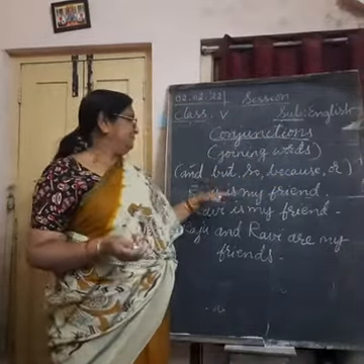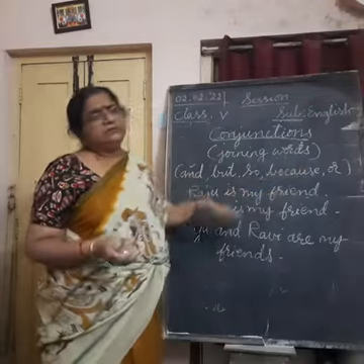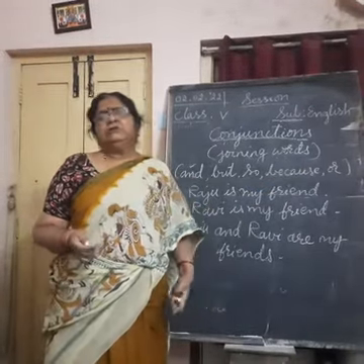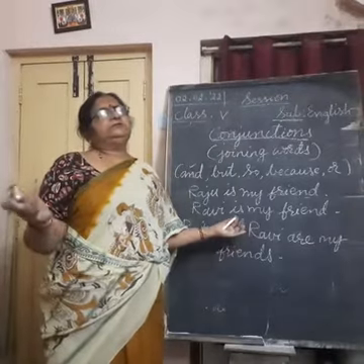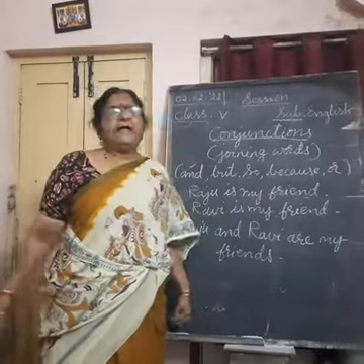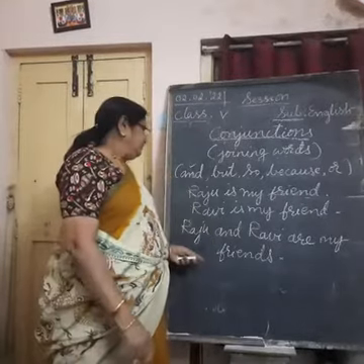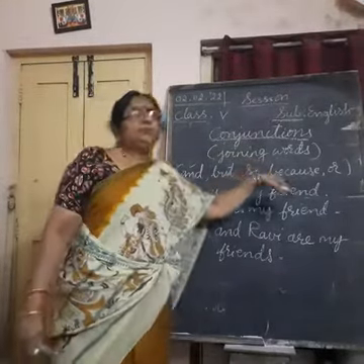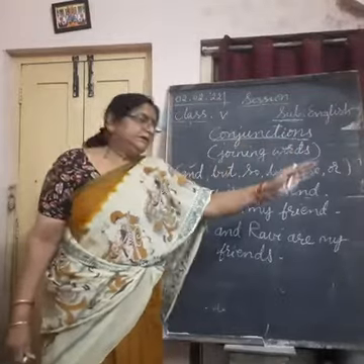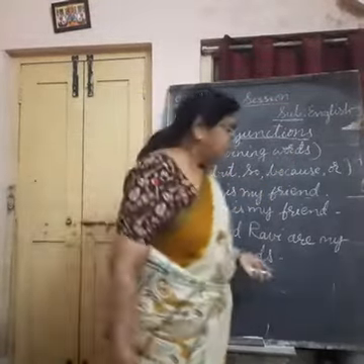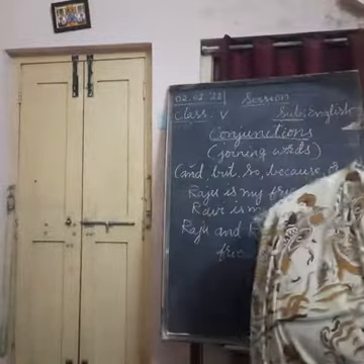When we are showing the relation, joining two words of the same kind, two action words, two nouns, or two other feelings. I am happy and excited. In this way, whatever two words, they should belong to the same category. In that case also we use and to join them together.